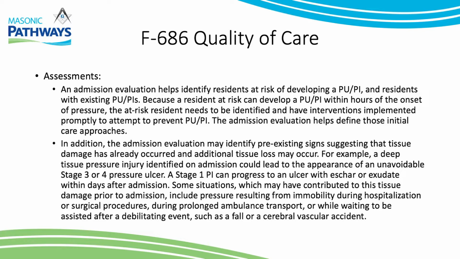A stage 1 pressure injury can progress to an ulcer with eschar or exudate within days after admission. Some situations which may have contributed to this tissue damage prior to admission include pressure resulting from immobility during hospitalization or surgical procedures, during prolonged ambulance transport, or while waiting to be assisted after a debilitating event such as a fall or a CVA.